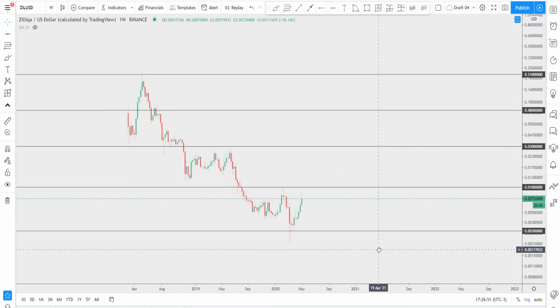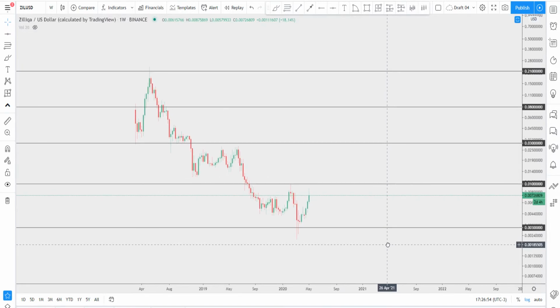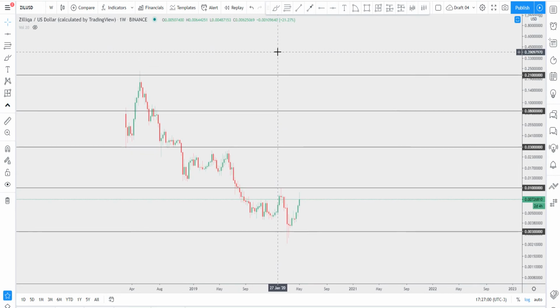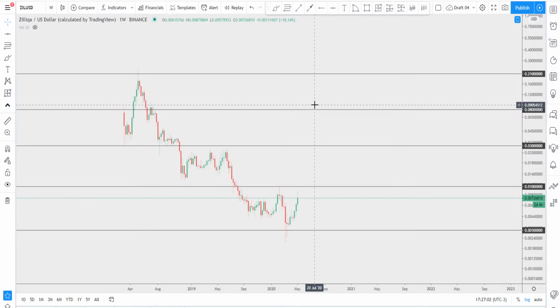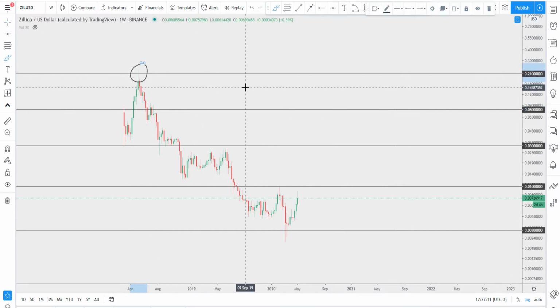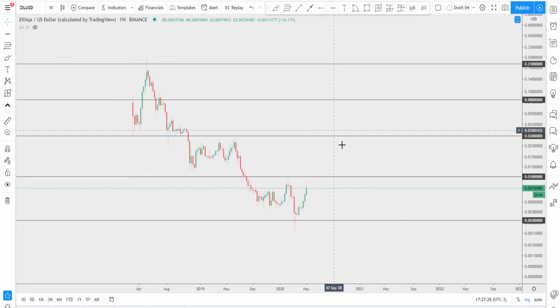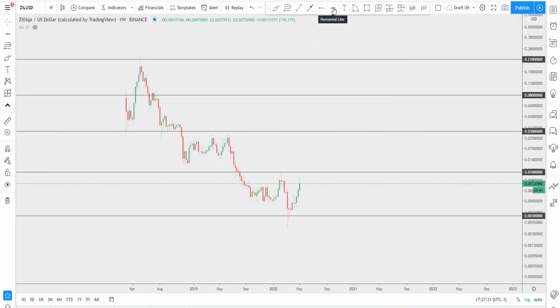So what we are going to do now is first know if there is a trigger for later continuation, and also the same information from the top and from the bottom. This one here gave us confluence for later bullish continuation. I'm not saying it's going to happen from here, I'm saying later. So have this in mind from the info on the top, and now let's take a look at the info on the bottom.